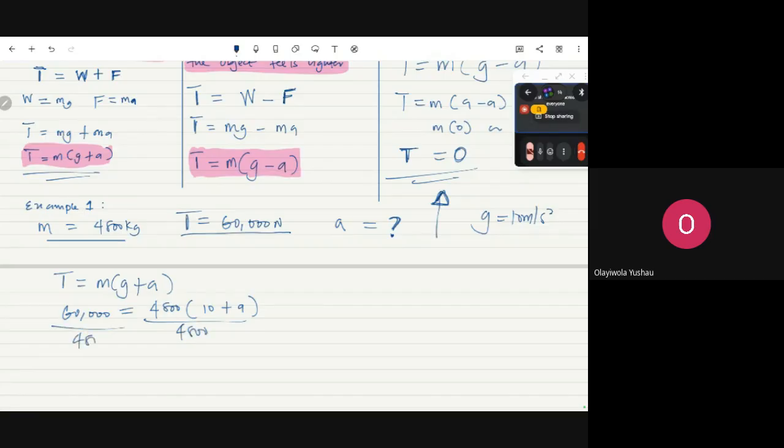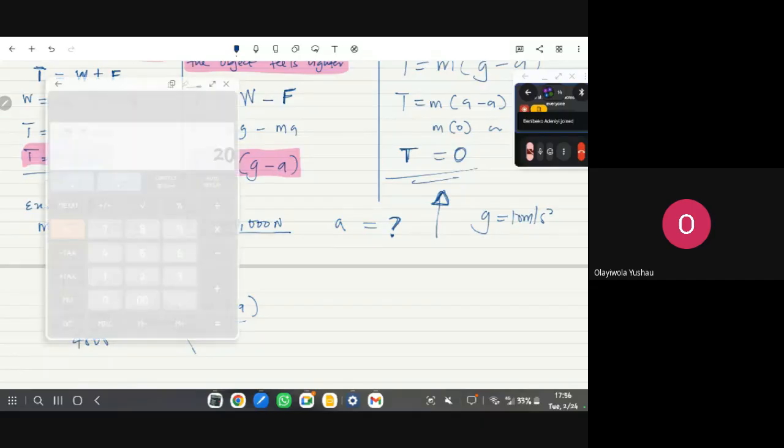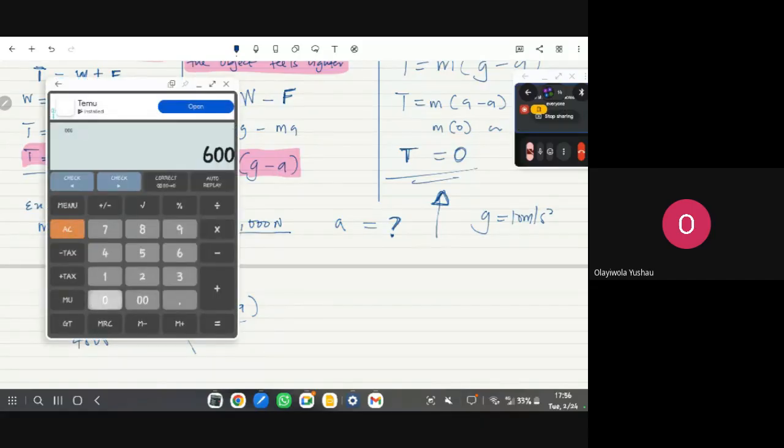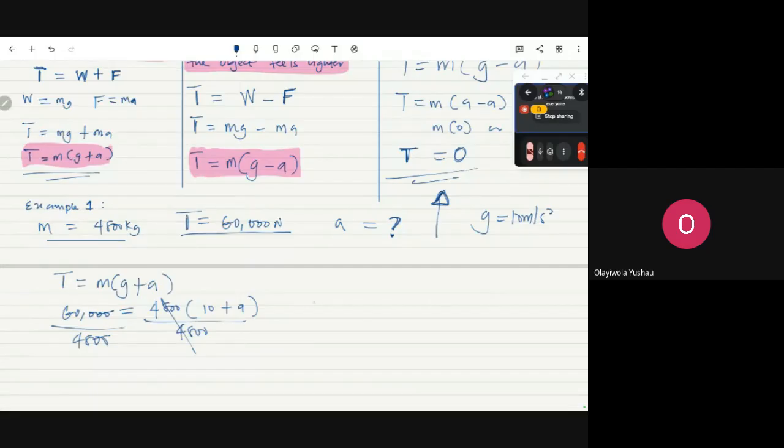So 600 divided by 48 gives you 12.5. So 12.5 is equal to 10 plus A. Take 10 here. 12.5 minus 10 is equal to A. And A is equal to 2.5 meters per second square. And that is option A. We have 2.5, 5.0, 7.5, 10 meters per second square.